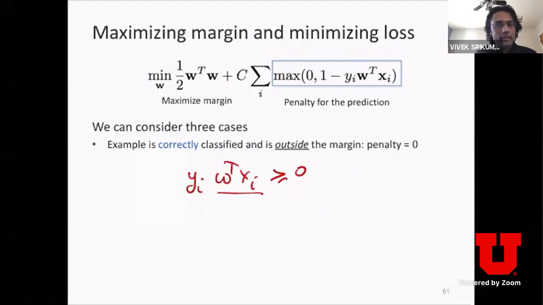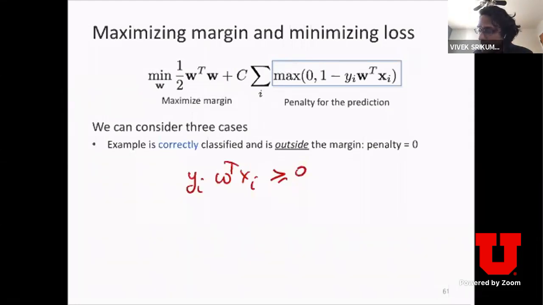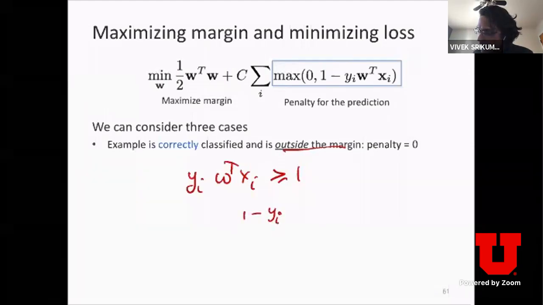If w transpose x is negative and yi is negative, this product is positive. That's fine. But it says here the example is correctly classified and is outside the margin. What that means is it's not just greater than 0, it's greater than 1. In this case, 1 minus yi w transpose xi is less than 0.